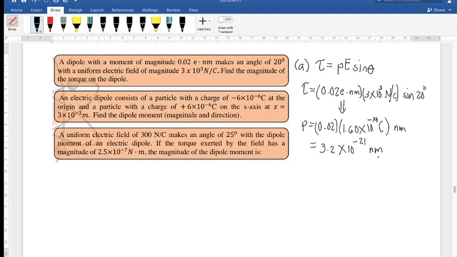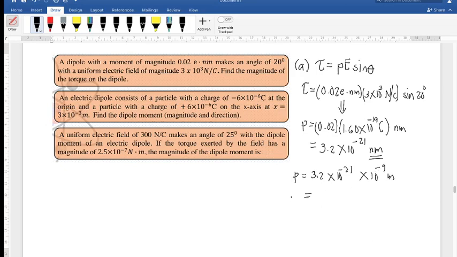But nanometer is actually not an SI unit of length, so we have to convert it to meter. We just multiply this by 10 to the negative 9 meter.